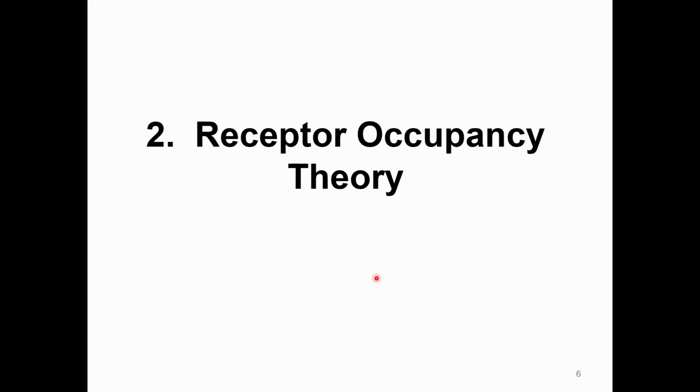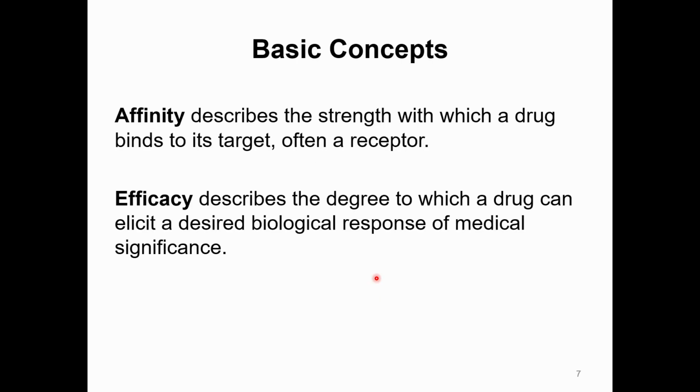So let's get into this a bit more. I want to remind you of something we talked about before, receptor occupancy theory. And this occupancy theory really ties into dose response considerations. And of course, the basic concepts, you already know this, but the affinity describes the strength by which the drug binds to its receptor. And it can be measured in KD, for instance.